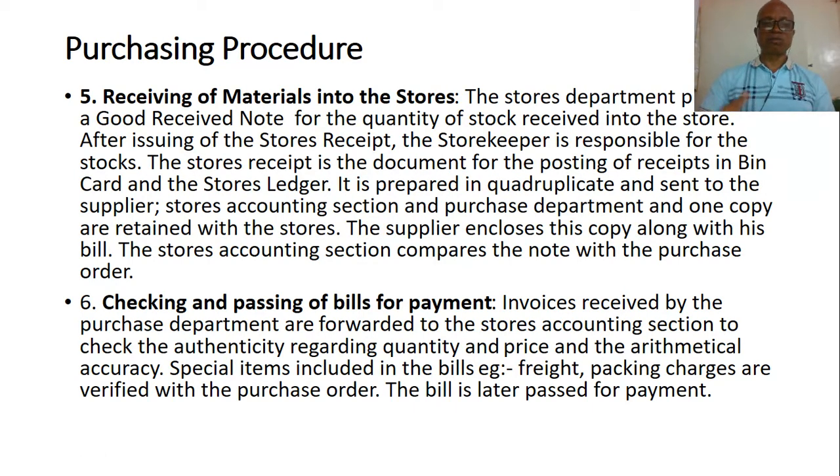The store department will now prepare what is called a goods receipt note for the quantity of stock received into the store. After issuing the store receipt, the storekeeper is responsible for the stock. At that particular moment, the storekeeper accepts and brings the goods into the store, and he takes responsibility from that moment. And then the final one is checking and passing of bills for payment.